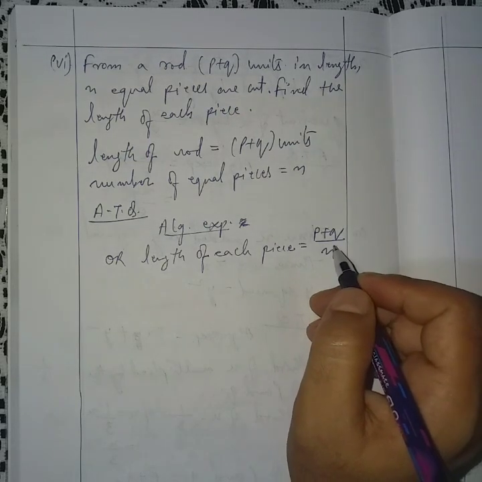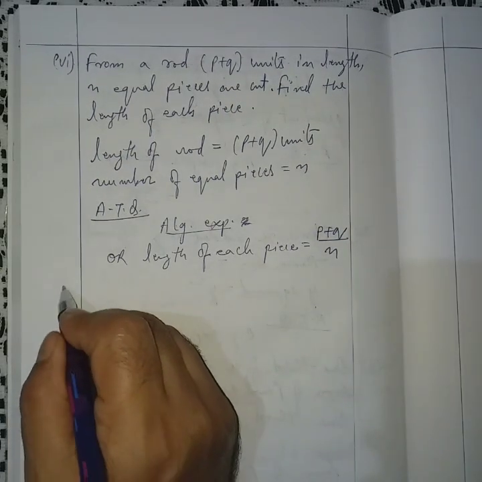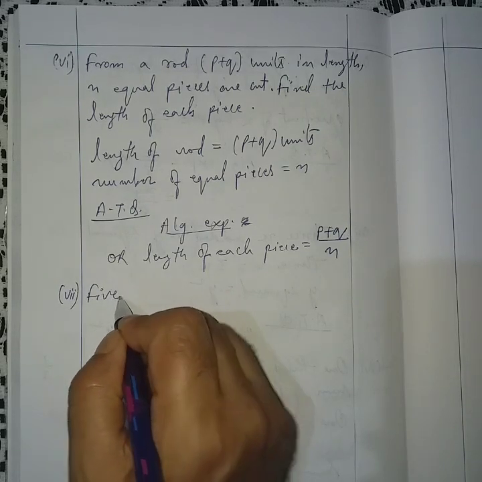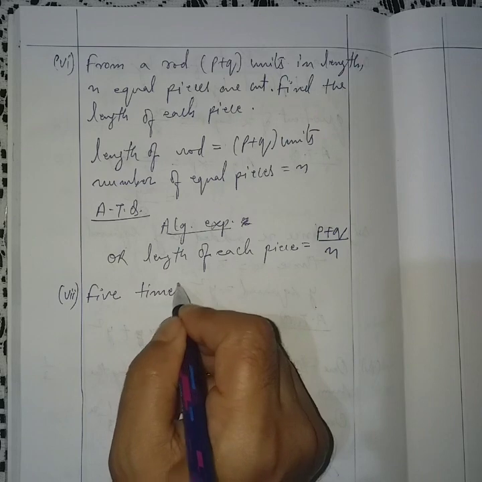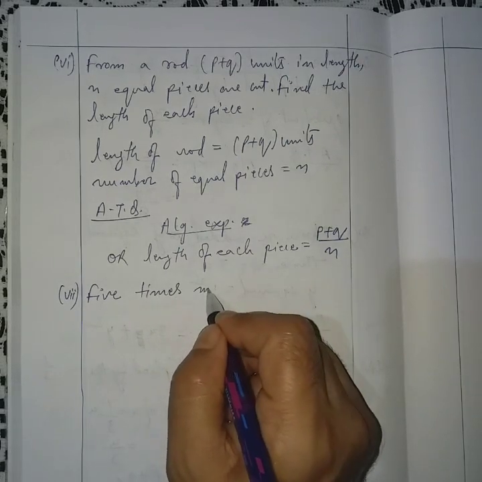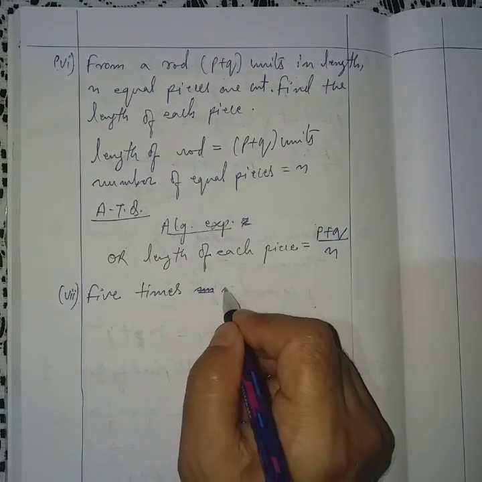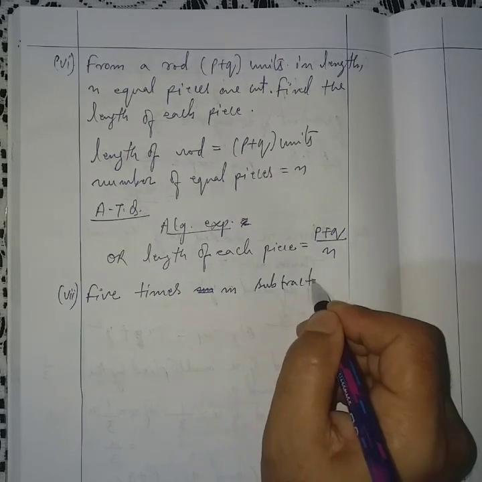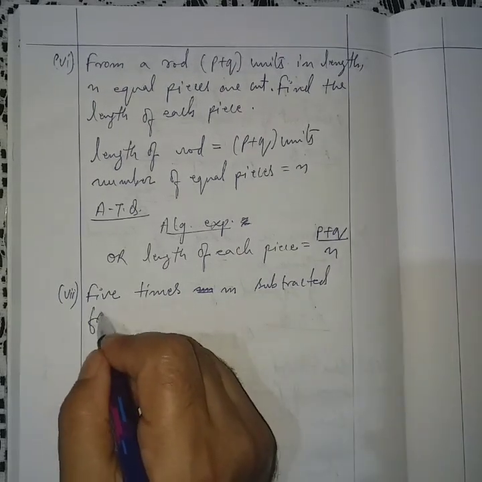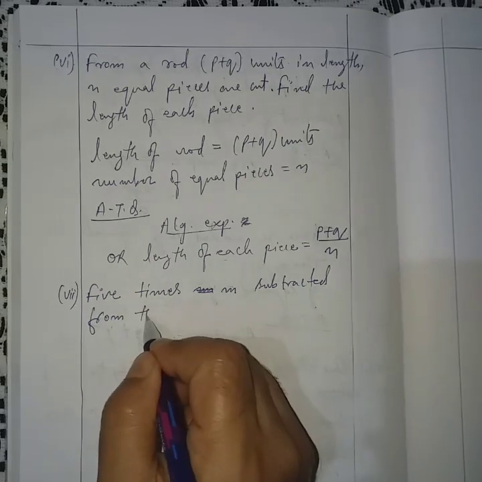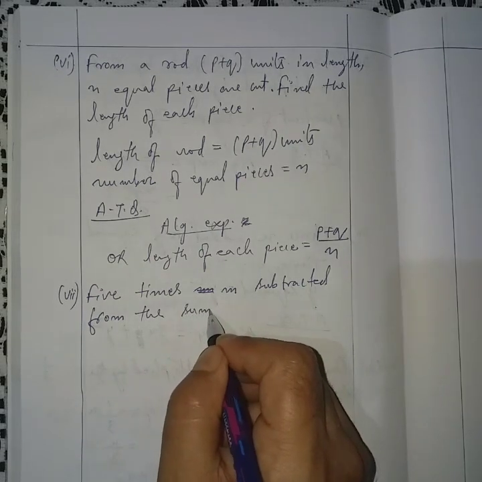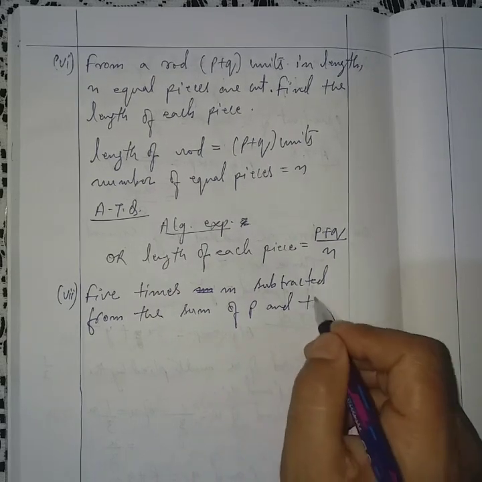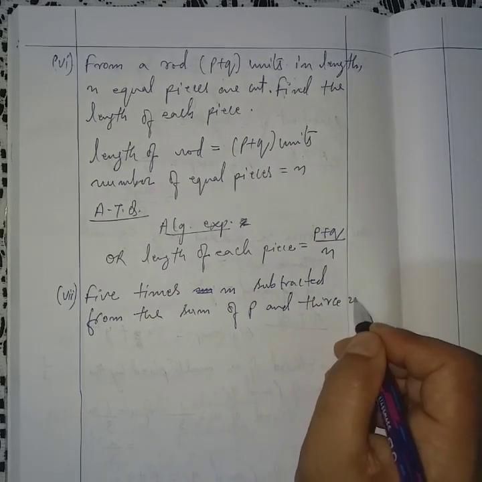Okay, next is question number 7. 5 times m subtracted from the sum of p and thrice x.